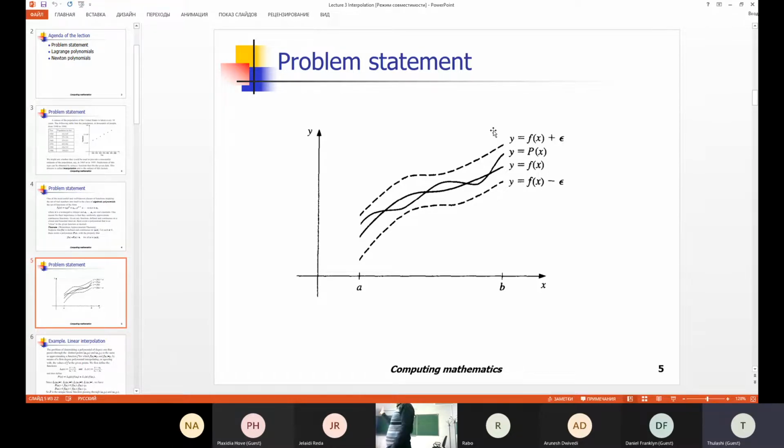Well, is it clear? Do you understand this point? So I can take the function, and after that I can write such polynomial that will be very, very close to this function.